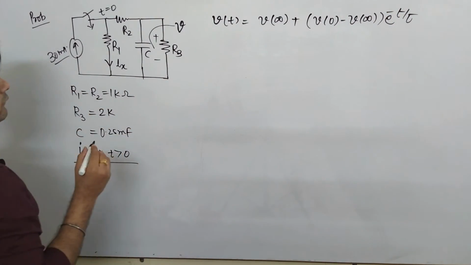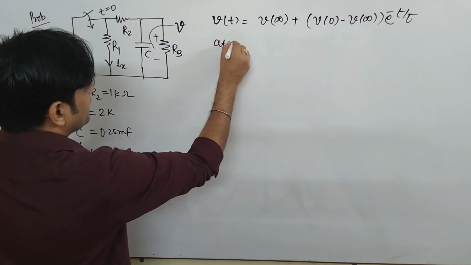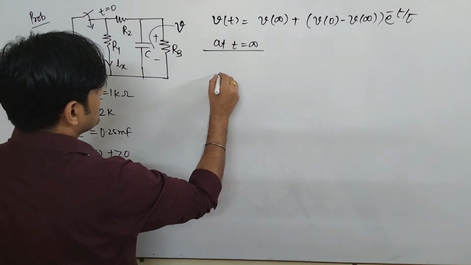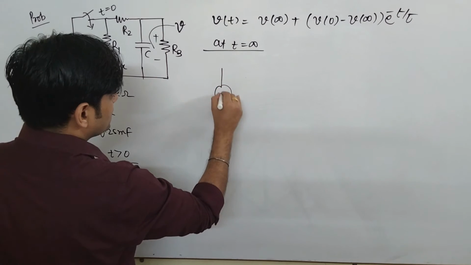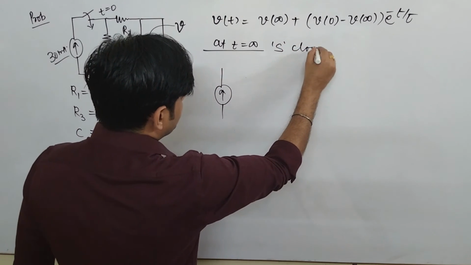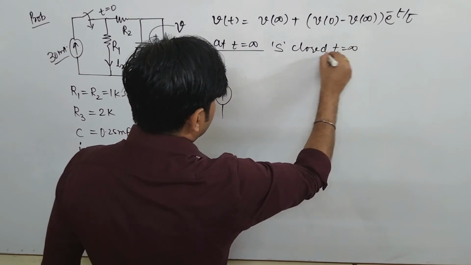Now we find the value of V infinite. For finding the value of V infinite, we will draw our circuit at t equal to infinite. The switch is going to be closed. This is your 30 milliampere current source, closed at t equal to infinite.